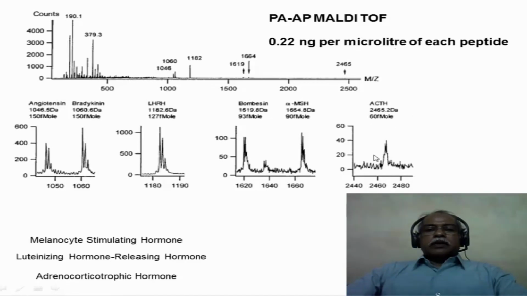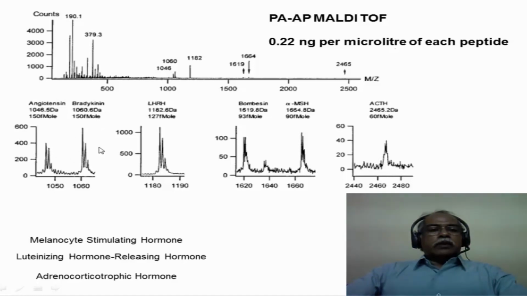Now let us look into some applications of MALDI spectrometry. Here the mass spectra of several hormones are given. These are all recorded under MALDI conditions. For example, angiotensin and bradykinin have molecular weights of the order of 1046 and 1060, and 150 femtomolar concentration is what is injected.